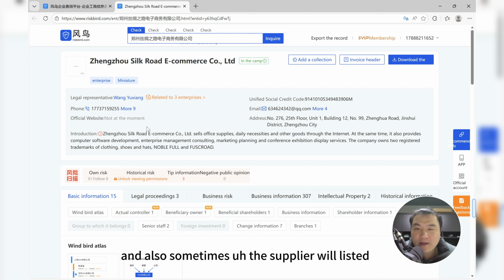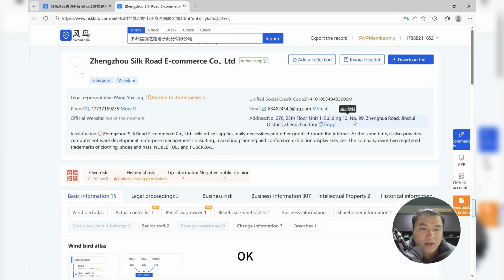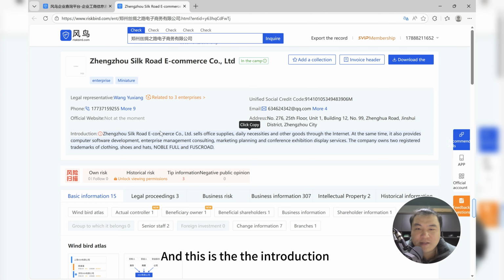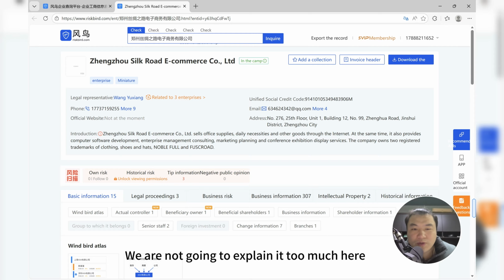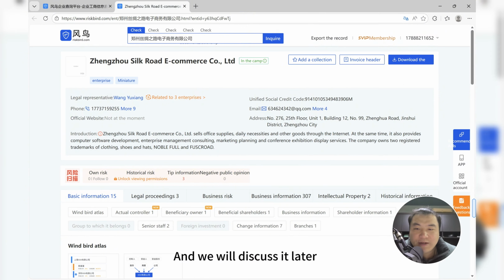Sometimes the supplier will also list their website, but obviously this company doesn't have one. And this is the address, and this is the introduction. We are not going to explain it too much here, and we will discuss it later.